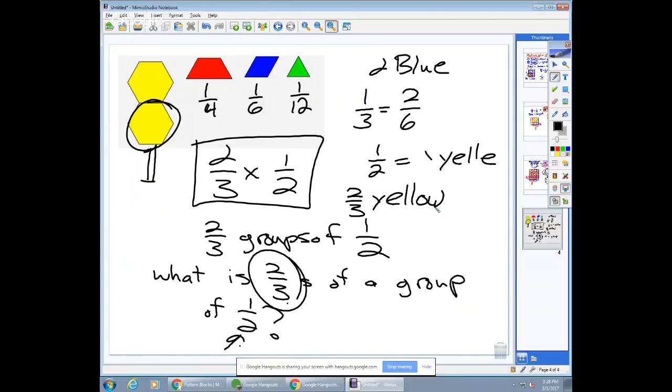Playing with the yellows and the other pieces, what could you use to describe 2/3 of a yellow? 6 greens would be one way to talk about it. Yep. Okay, what else? Any other option?